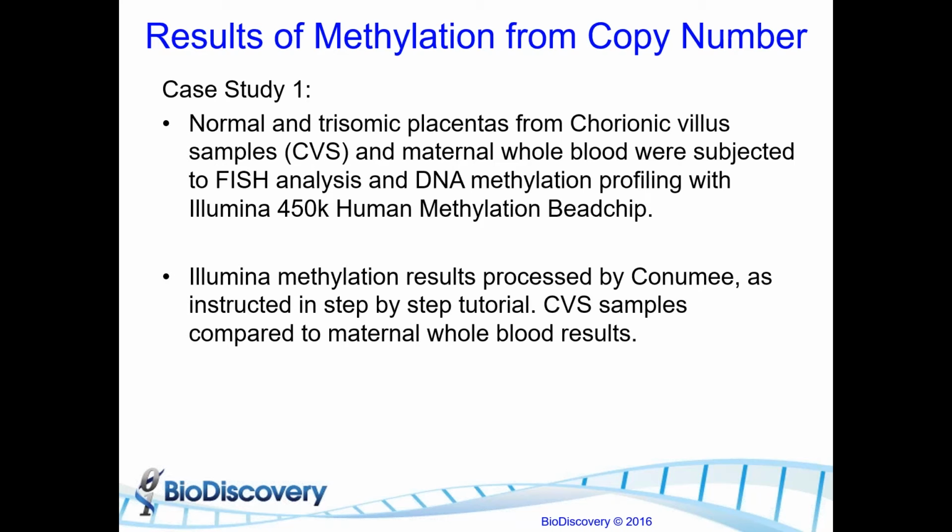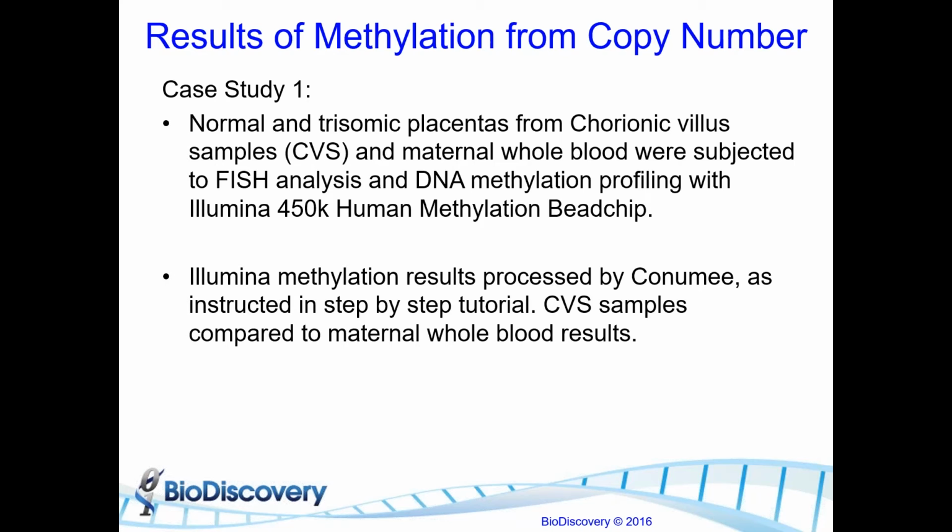As I mentioned, the Illumina methylation results were processed by Kanume as instructed in the step-by-step tutorial on their website, and the CVS samples were compared to whole blood results. I actually did two separate comparisons because there were both normal placentas as well as this maternal whole blood.